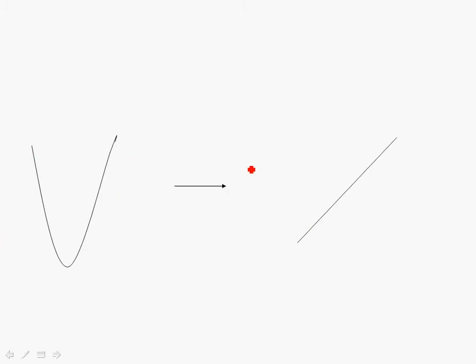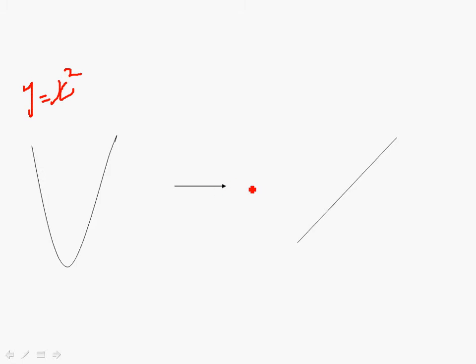Let's say you have a y equals x squared graph, it may be x squared plus something, but it's a quadratic graph, a curve with a minimum point.